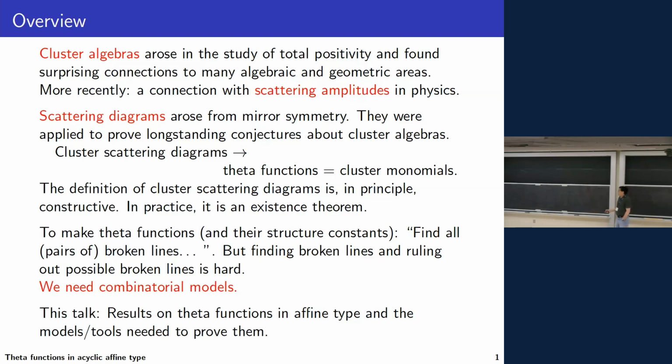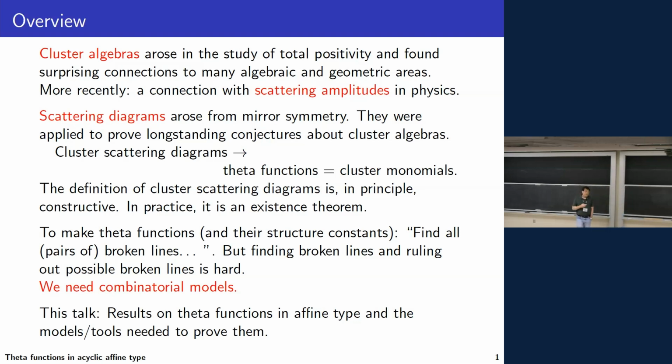Somehow, one of the most meaningful pieces of it is that you have a cluster scattering diagram, and I'll say what some of these words mean to some approximation, but you get theta functions, and theta functions include the cluster monomials.